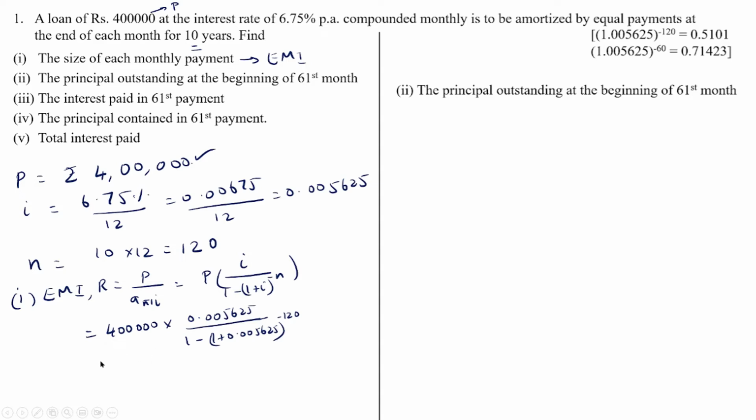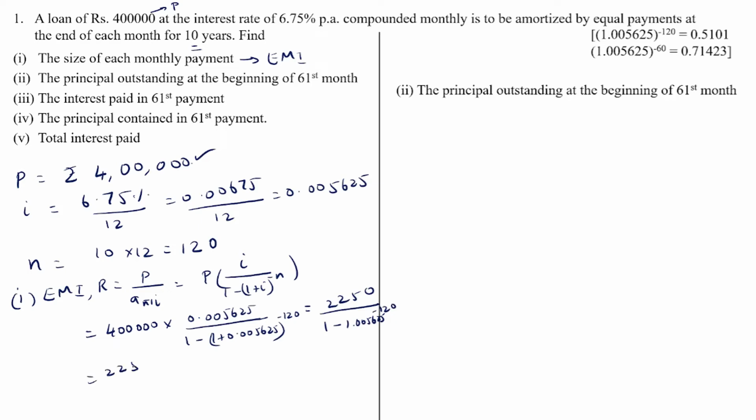So here 4 lakhs into 0.005625 is 2250 upon 1 minus 1.005625 the whole raised to minus 120.